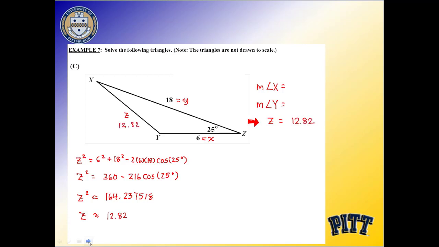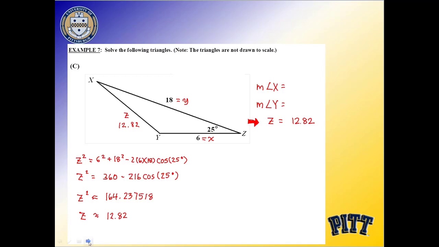Now that I know that side, I can start finding other angle measurements. If I'm going to find angle Y next, angle Y is the biggest angle, which means that's the one that could be obtuse. I have enough information to do that, but I would have to use the law of cosines again.